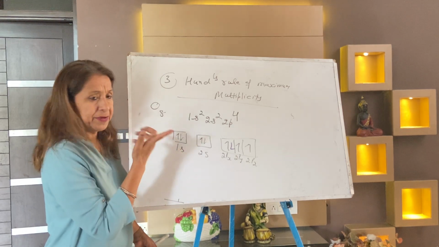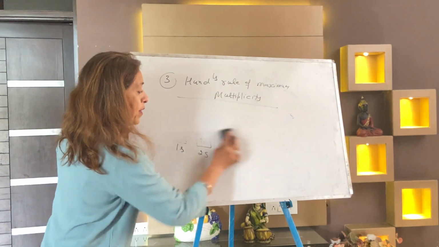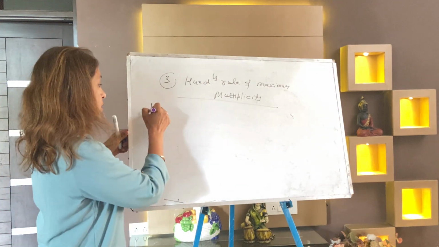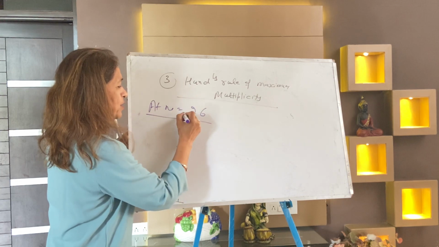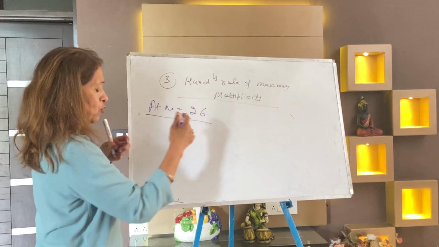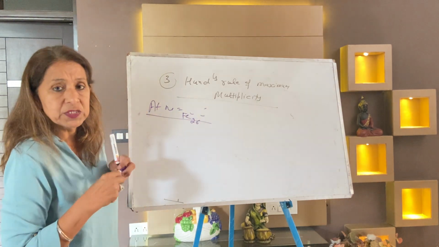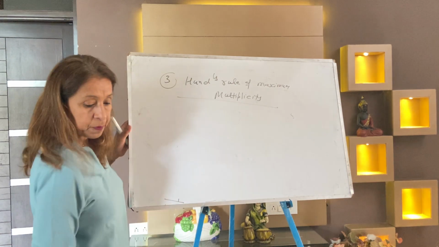First of all, I'm taking one more example. Write down: the atomic number is 26. It's iron 26.